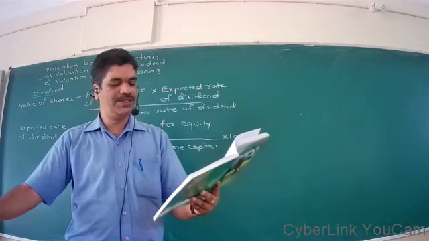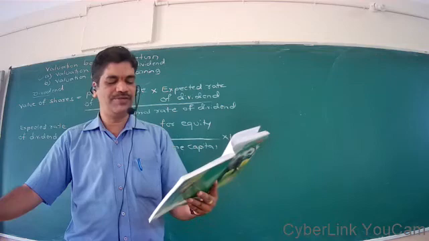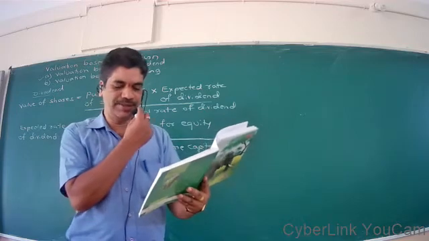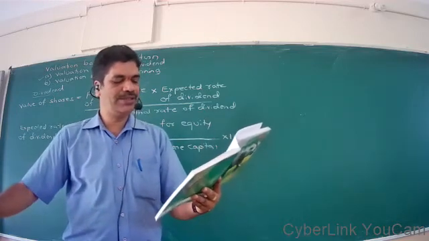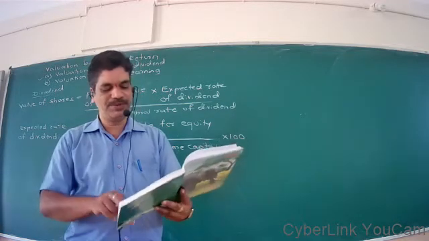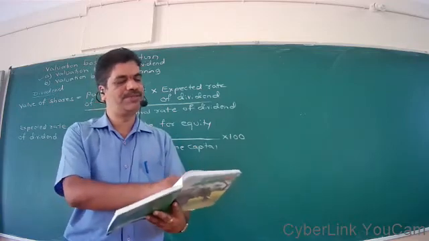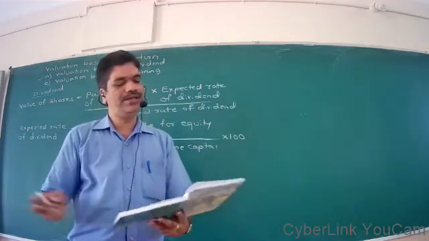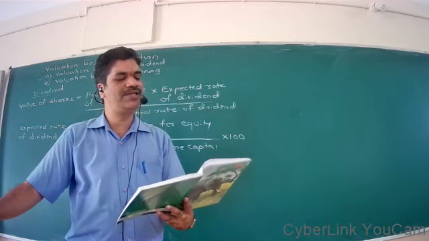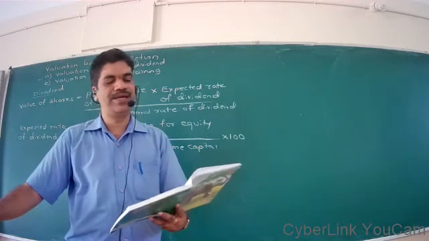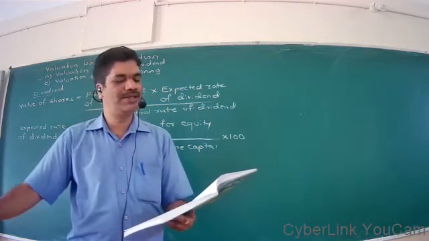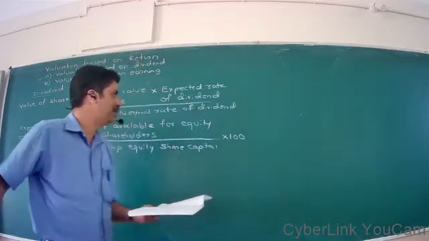Second, the average annual profit after provision for income tax amounted to rupees 1,70,000, and it is now considered necessary to transfer an amount of rupees 20,000 to general reserve before declaring dividend to shareholders. The rate of normal return expected by the investors on equity shares is 10%. Based on this information, we need to calculate the value of share under dividend yield.